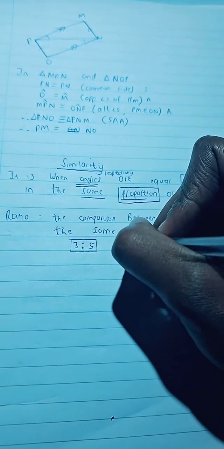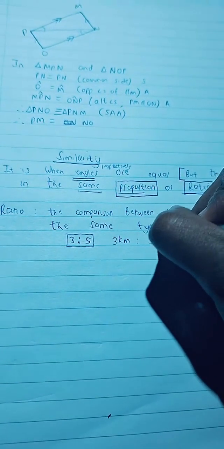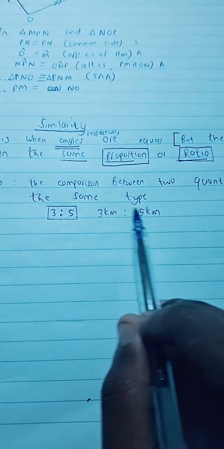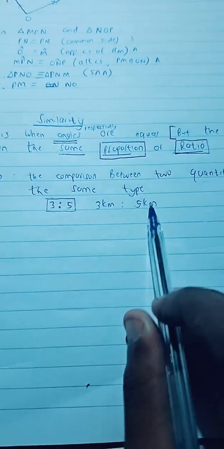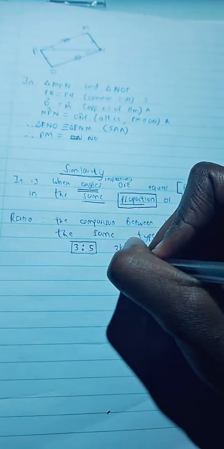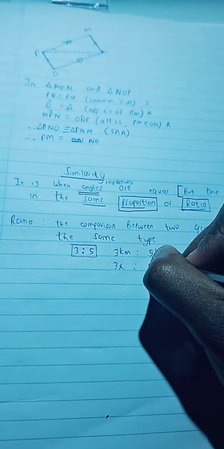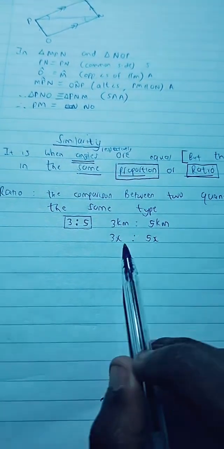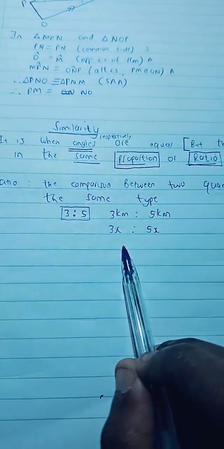They are of the same type. In other words, if I have kilometers this side, I have kilometers this side, the units must be the same for ratio. If I have x here, then I must have x here, the units must be the same.